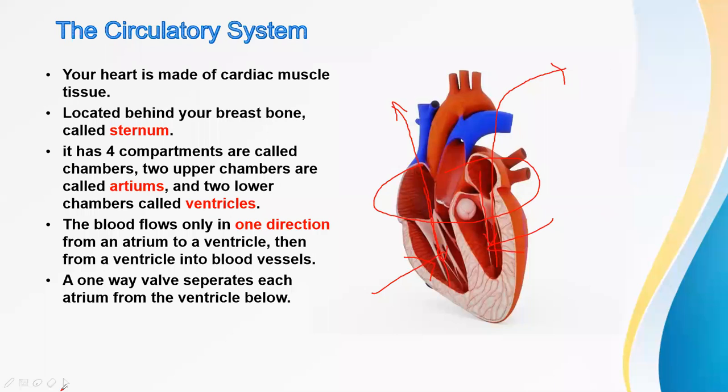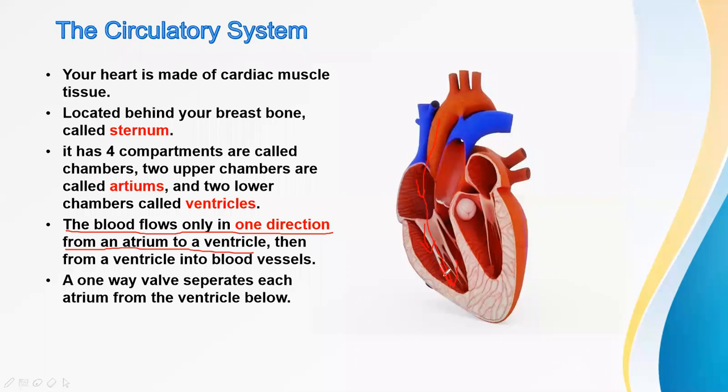Well, the blood flows in the heart only in one direction, from an atrium to a ventricle. Let's say the blood flows only in one direction like this, from atrium to ventricle, and later from ventricle to blood vessels.